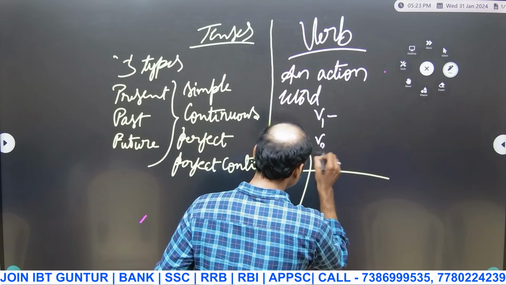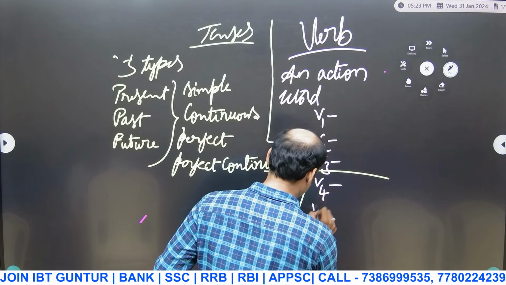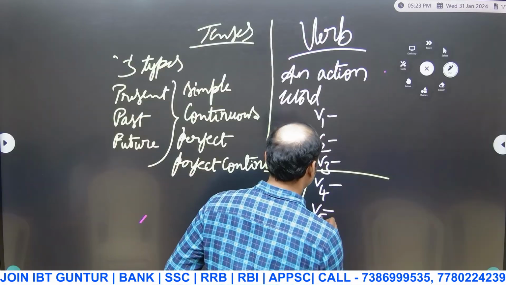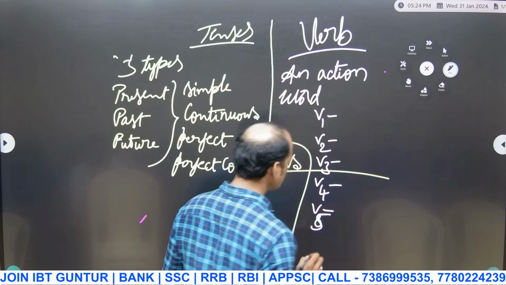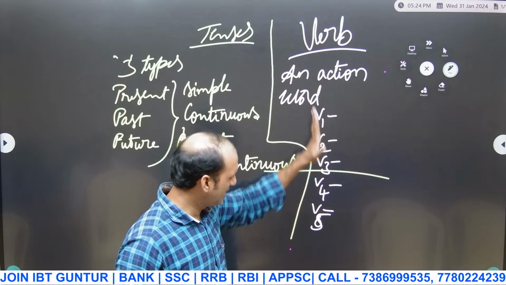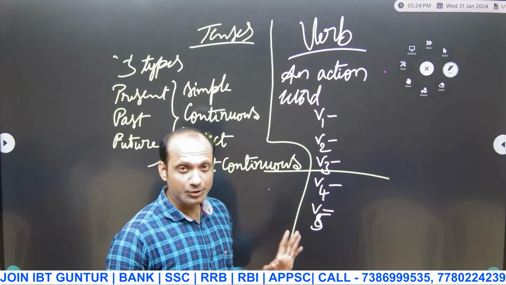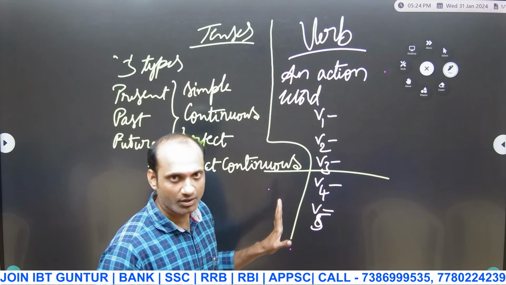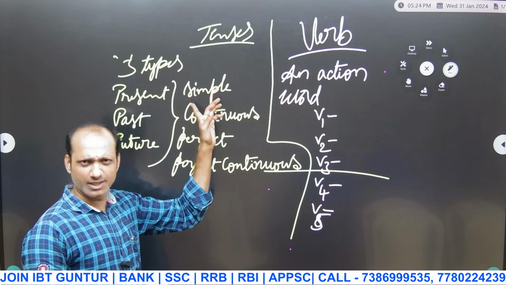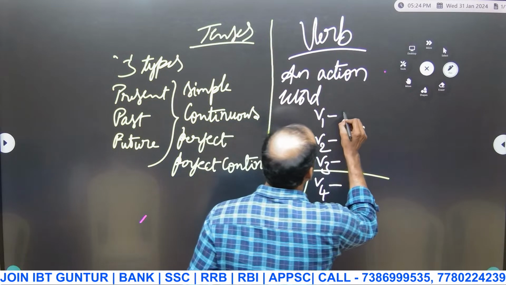V1, V2, V3, V4 and V5. How can we remember all these things? As per the knowledge, you should know all these things first of all. Otherwise, you may get confused later. Before learning tenses, you should know all these things. So that's why I am teaching you now. See here.